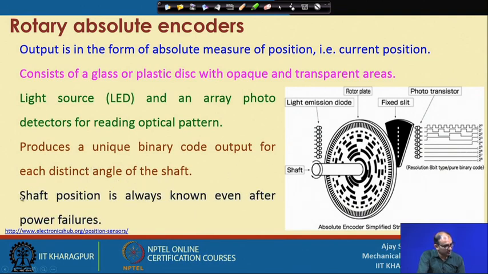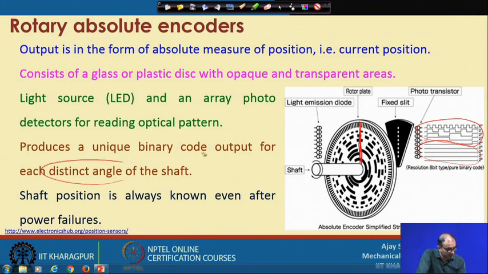So what is the advantage? The shaft position is always known, even after power failure. Once it is rotating, at one particular situation light passes through particular locations, and wherever you are not getting any signal, those are 0, and you get signal from only a few locations. So for each and every location you get a unique code, that means a distinct angle or unique binary code.